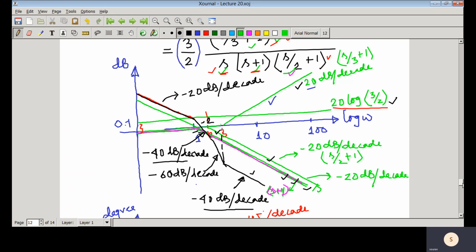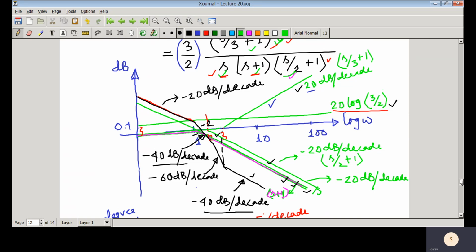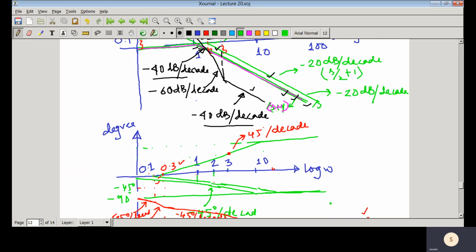So whenever a loop transfer function is given, we have discussed how to draw the asymptotic Bode plot. First you draw the individual components and then take the sum, and this is the phase plot. And do not forget to mention the slope as well as the corner frequency.